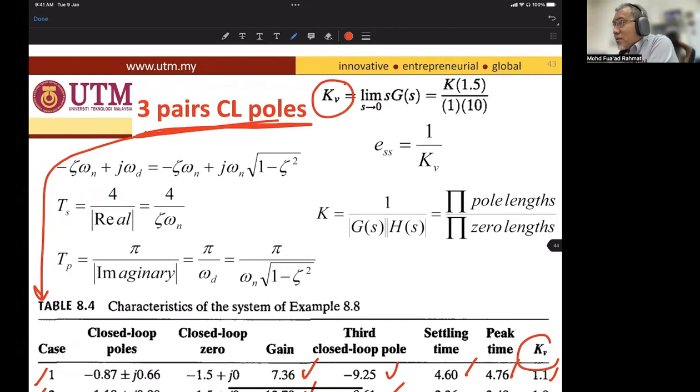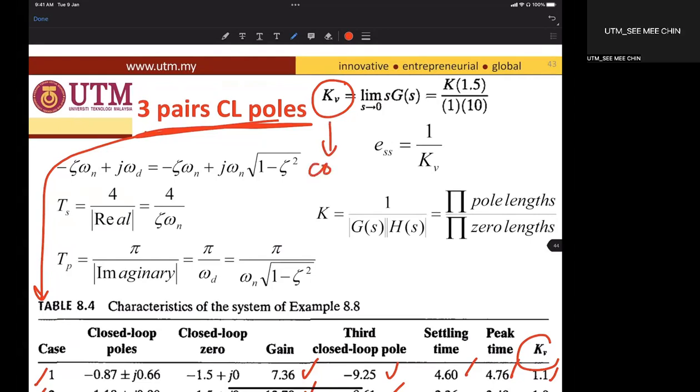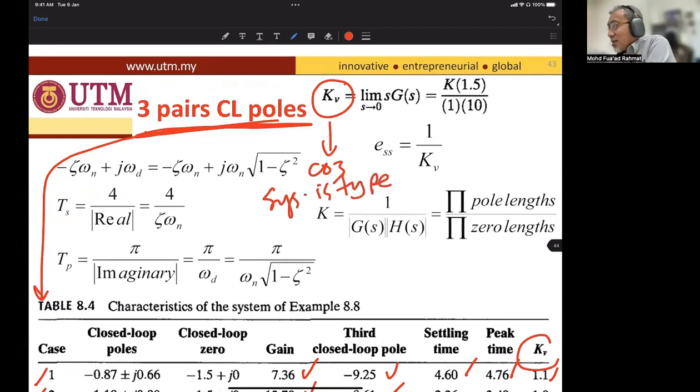Patrick is absent. Simi Chin, why KV in this case? Why not KA or KP? For the value go to infinity. I'm not sure. It's okay.